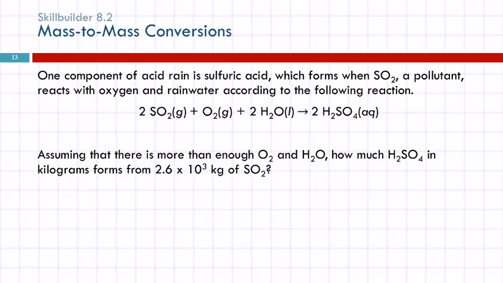Assuming that there's more than enough oxygen in water, how much sulfuric acid in kilograms forms from 2.6 times 10 to the third kilograms of SO2? So we threw a little tiny wrench into this one with using kilograms instead of grams.